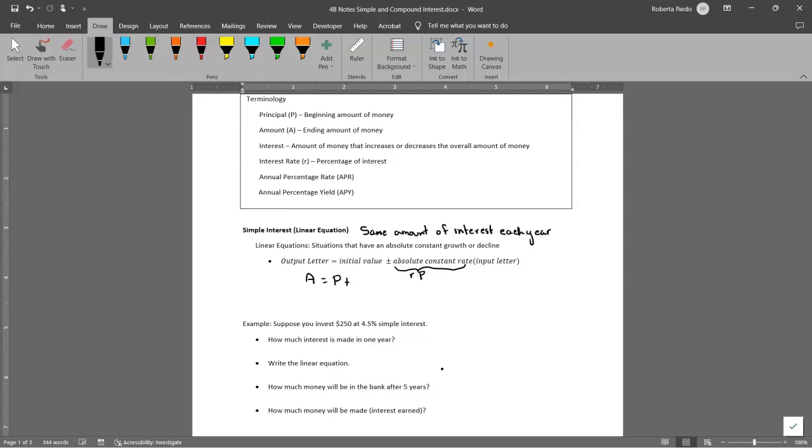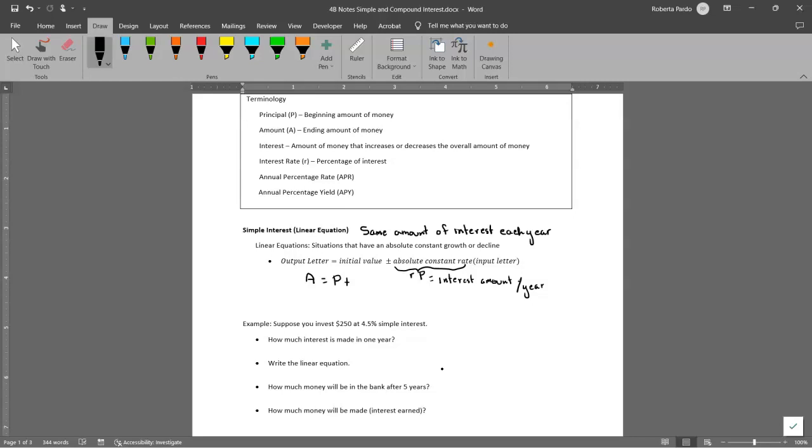This equals the amount of interest made each year. And then the input letter, since we usually do it every year, would be either a Y or a T. In most books, you'll see it as a T. We generally use a Y in this course.